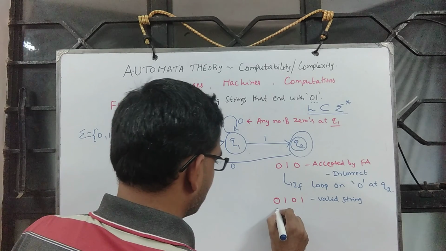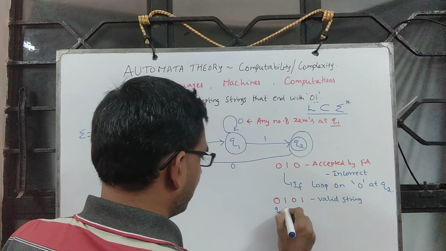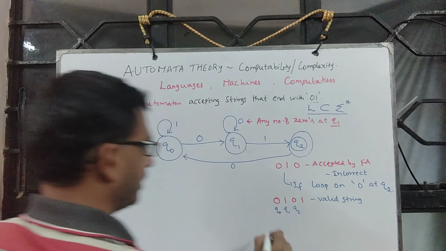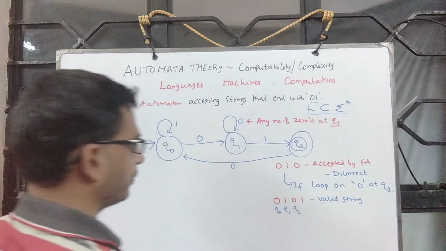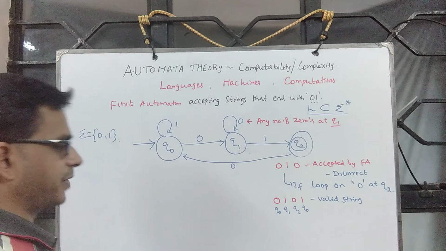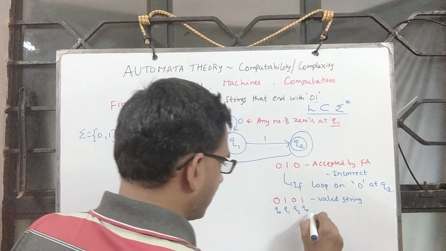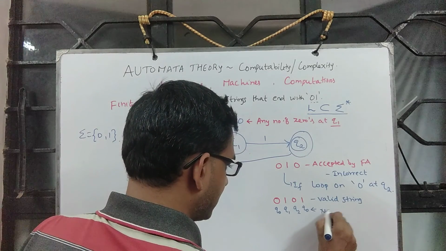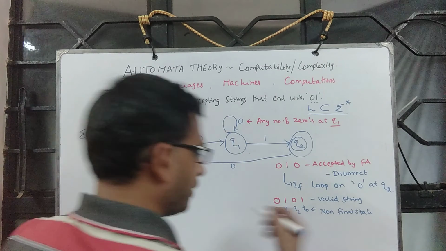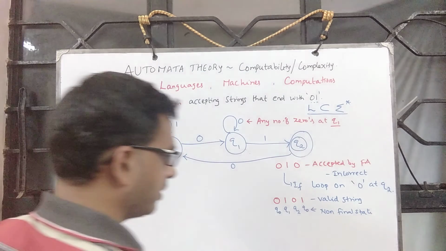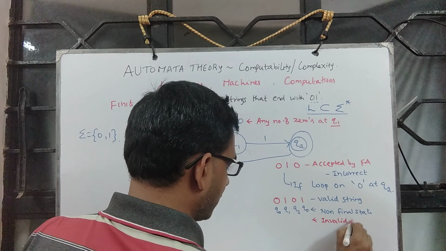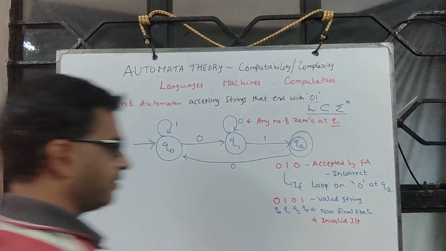So for this, you are at Q0, then you move to Q1, then you go to Q2, then on reading a 0, you come back to Q0, then on reading a 1, you stay at this place. But Q0 is not a final state, it is a non-final state, and you have exhausted the input, which means it is invalid input, but which is incorrect.